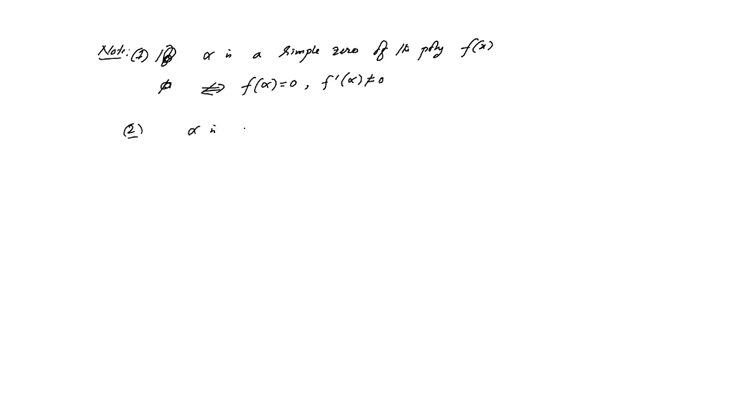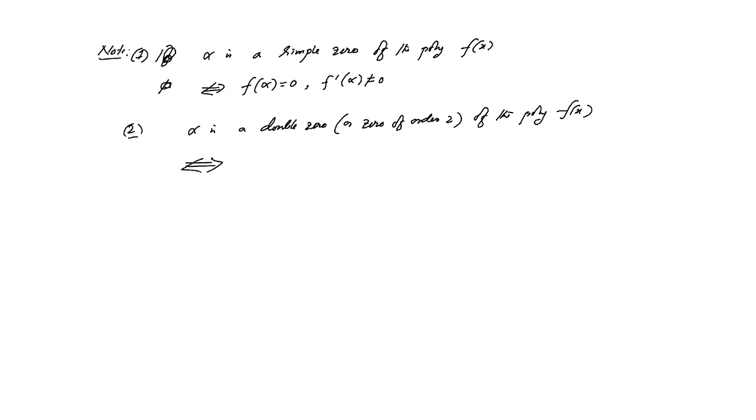Similarly, alpha is a double zero, or zero of order 2 of the polynomial f(x).